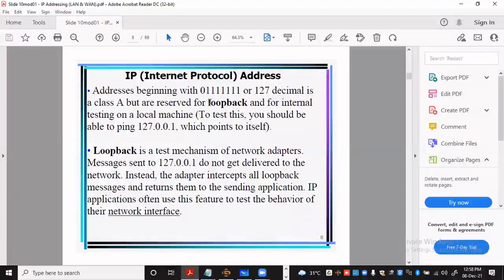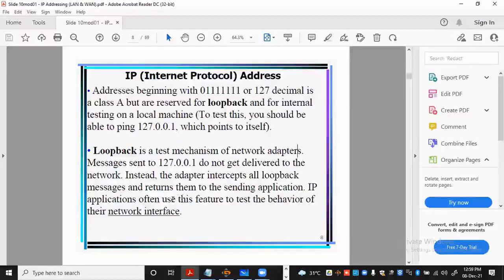Okay, so that is just reserved for loopback, and it's 127.0.0.1. The loopback is a test mechanism for most network adapters, as I mentioned. So messages sent to this address do not get delivered to a network, but instead the adapter intercepts it as a loopback message and returns them to the sending application.